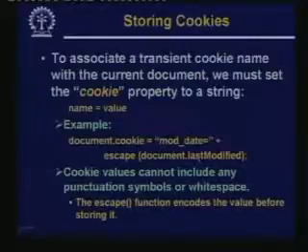So, if there are white spaces or any kind of punctuation symbols, they have to be converted into their equivalent hexadecimal values using escape sequences. The escape function does exactly that, right.